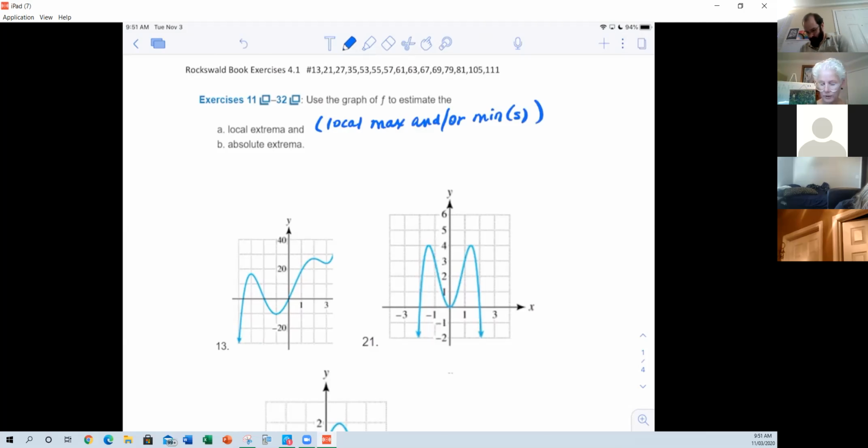There could be more than one. The absolute extrema is there's only exactly one, if any. And it's where the graph bottoms out or maxes out.